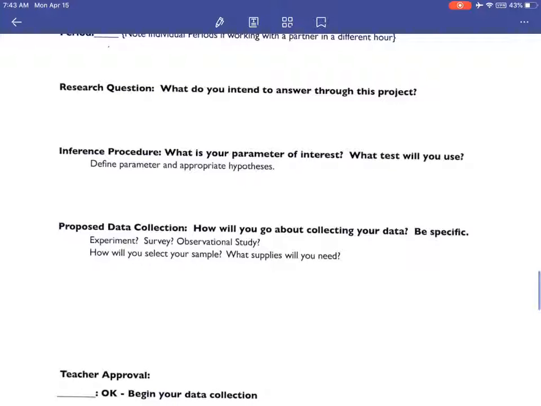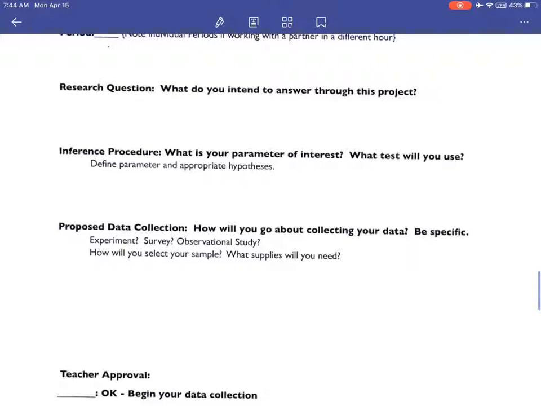Just pick something that you're passionate about and do a study with that, because it's going to make the project a lot easier. Then also for your research question, you want to make sure it's a question that you can answer in a significance test. So think that through. Like, how would you collect the data for this, and how would you make a significance test from this question?